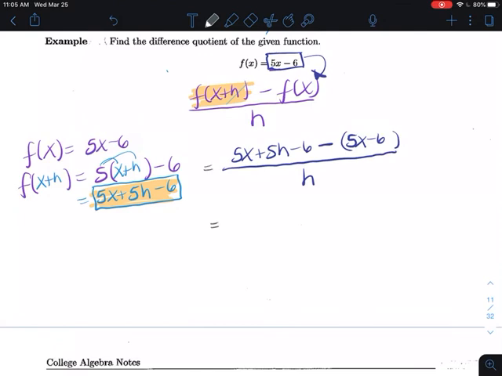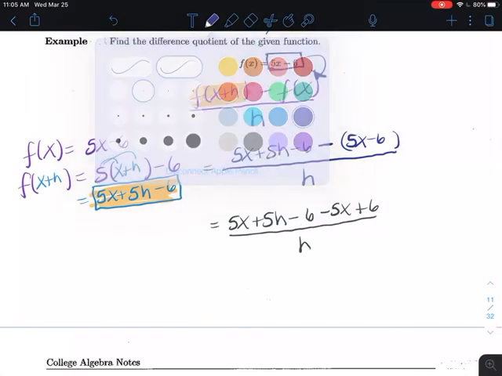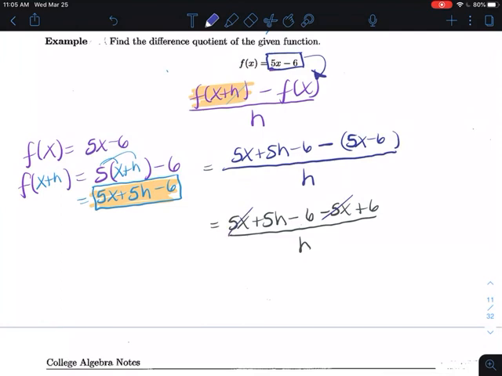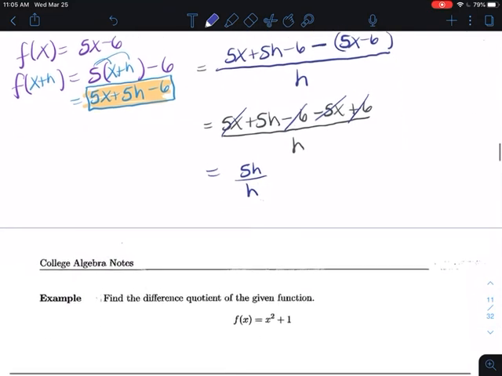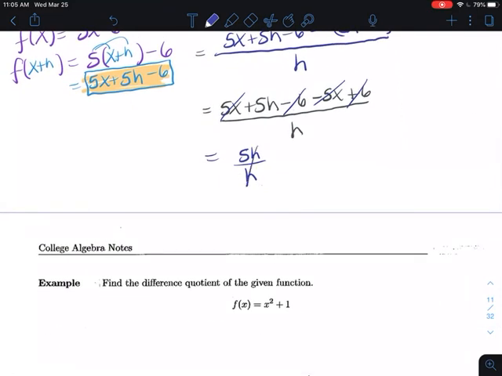So I get 5x plus 5h minus 6 minus 5x plus 6 all over h. The 6 cancels out. I'm left with 5h over h. The h's cancel out, and you're left with 5 as your final answer.